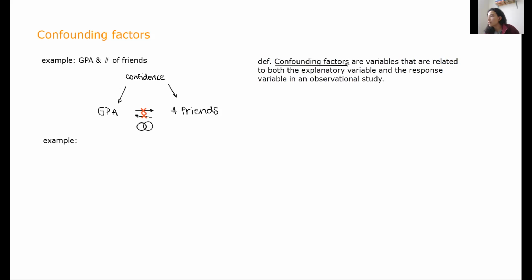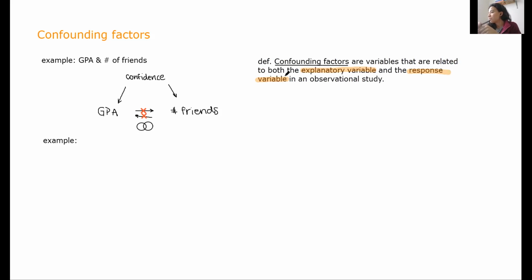Now, what are explanatory variables and response variables? Those are the variables that we see. So these are the ones where one of them seems to be changing and then the other one seems to be changing as well. In an observational study, because we can't show causality, we can show association, but often we have a tendency to try to explain one variable with respect to the other one.